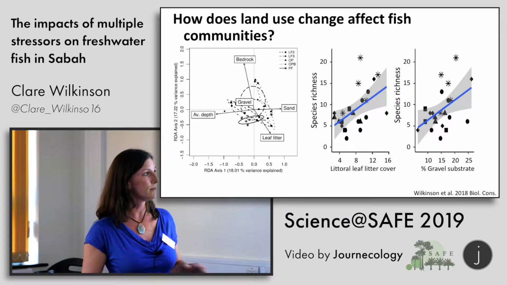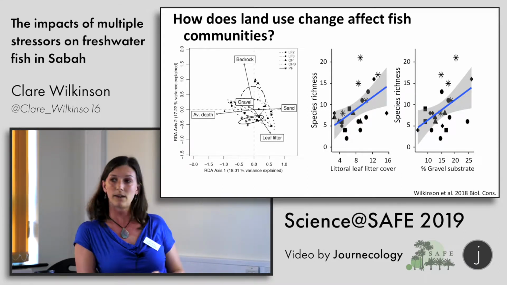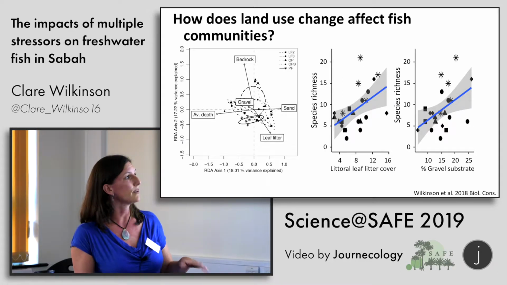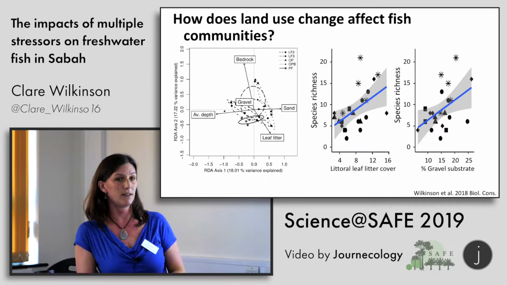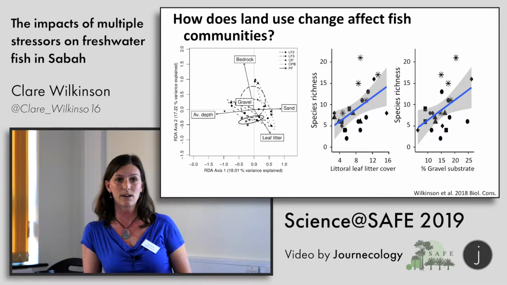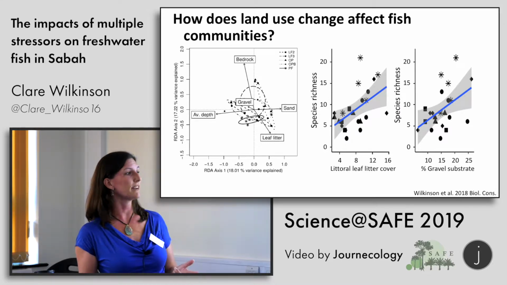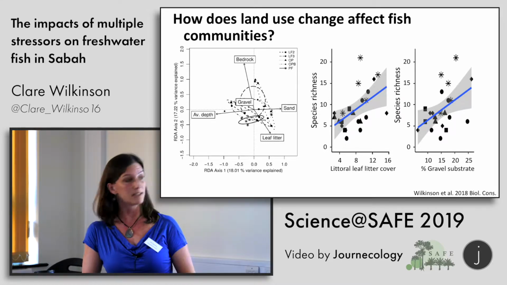When these were modeled with species richness, with increasing levels of leaf litter cover and gravel substrate, we saw increasing levels of species richness as well. This is usually because fish spawn in gravel substrates, and they can use leaf litter as cover and protection or a source of macroinvertebrate prey.